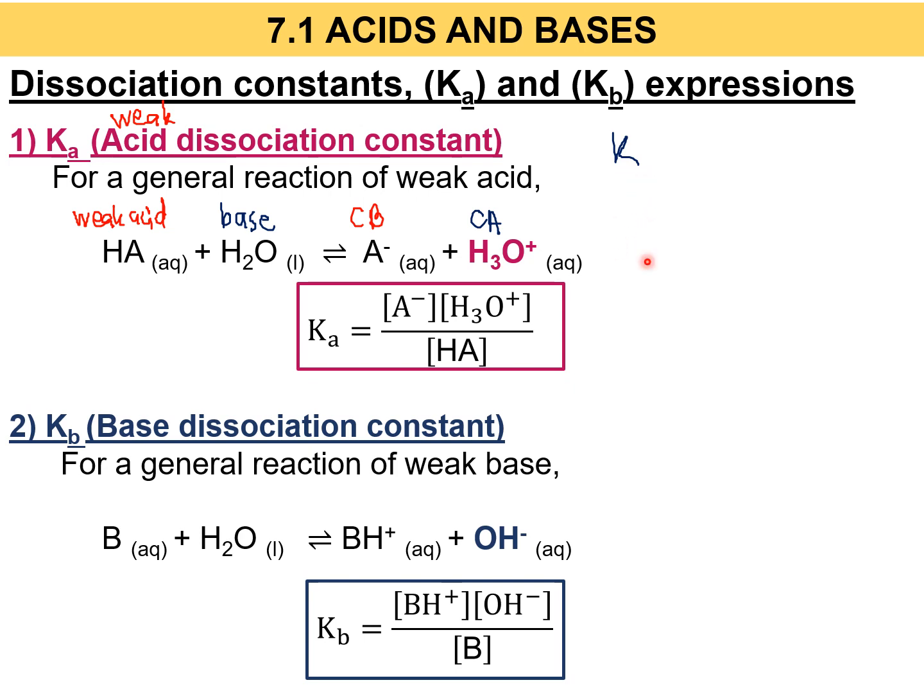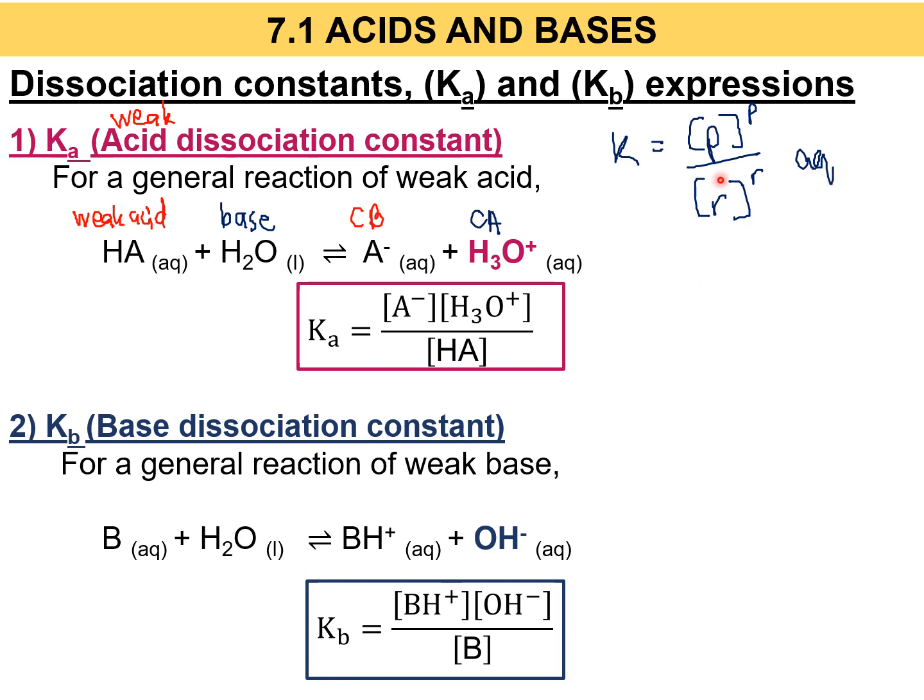But it doesn't matter, to build the K expression, it's always going to be K equals concentration of product to the power of product divided by concentration of reactant to the power of reactant. But on condition that they must be in the aqueous or gas phase. But in chapter 7, there will be no gas phase at all. It will only have the aqueous phase.